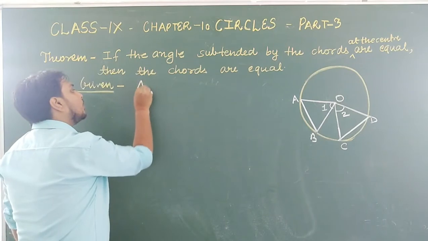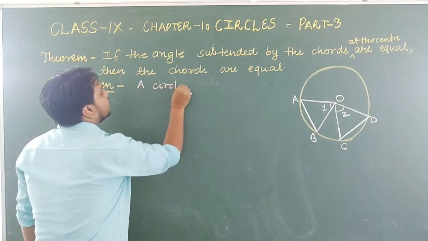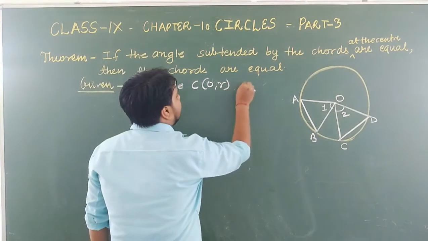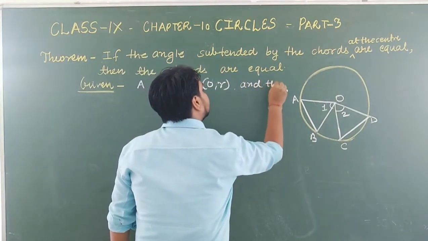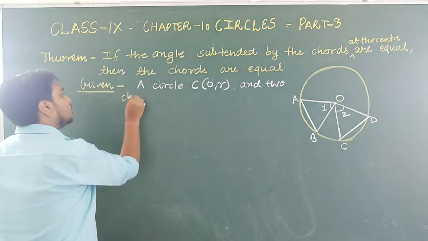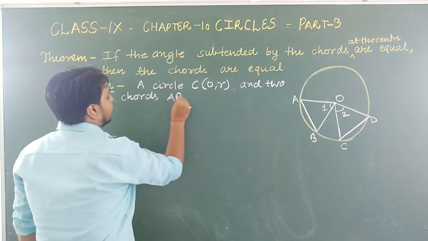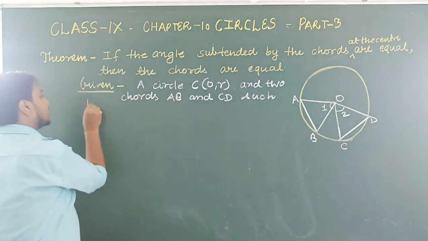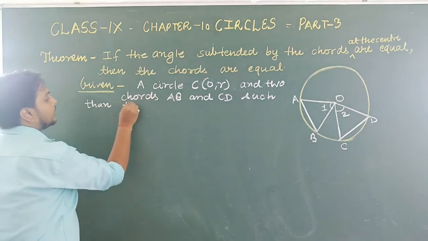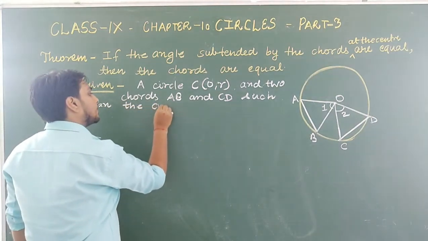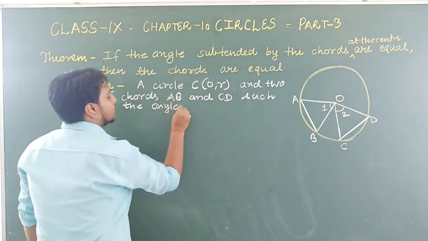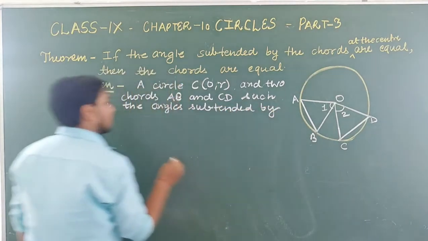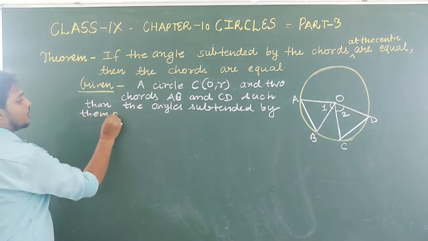This time it is given that a circle C(O, R), and two chords AB and CD such that the angles subtended by them are equal.